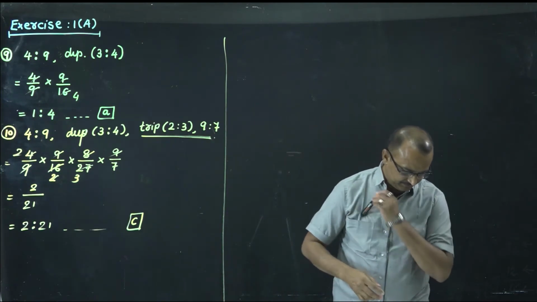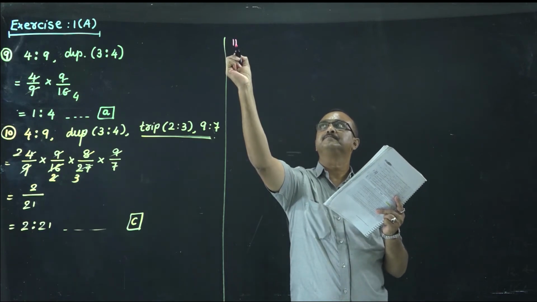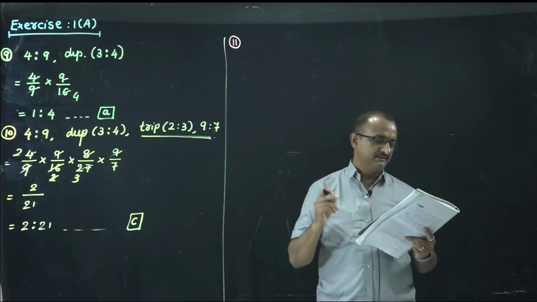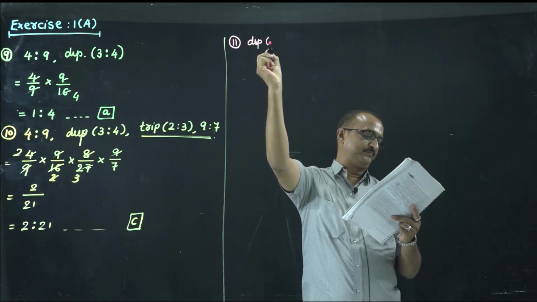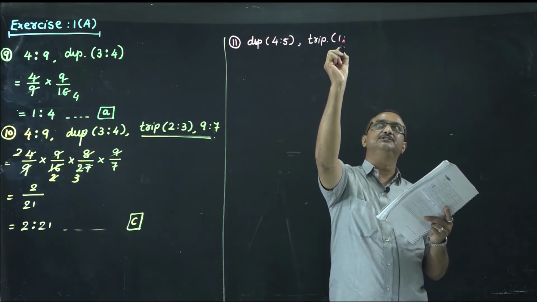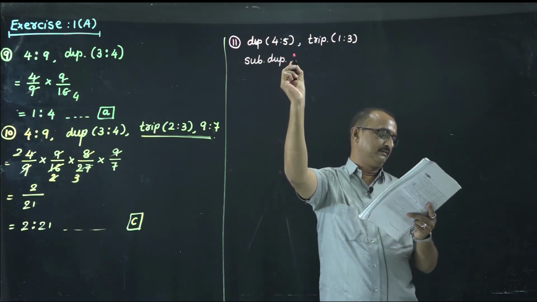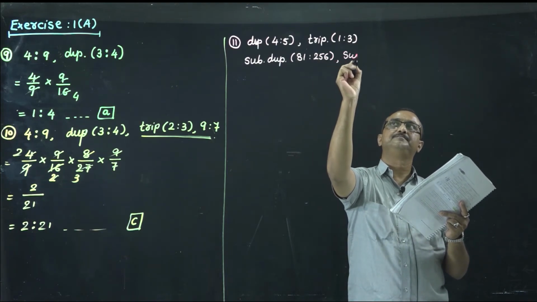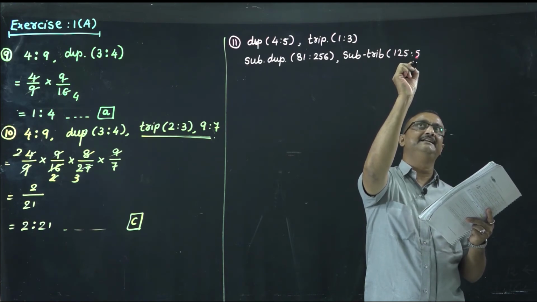Now question number 11. The ratio compounded of the duplicate of 4 is to 5, the triplicate of 1 is to 3, the subduplicate of 81 is to 256, and the subtriplicate of 125 is to 512.